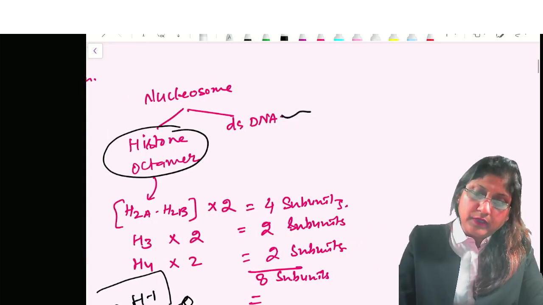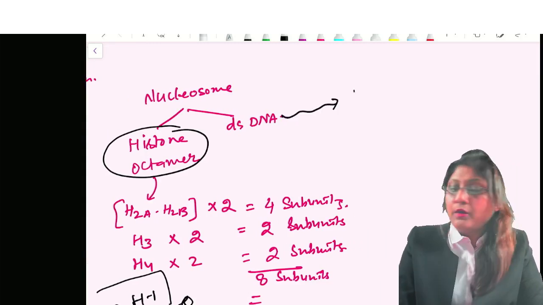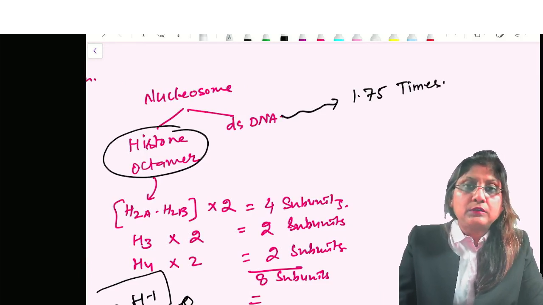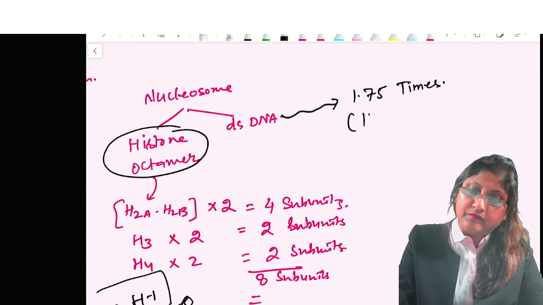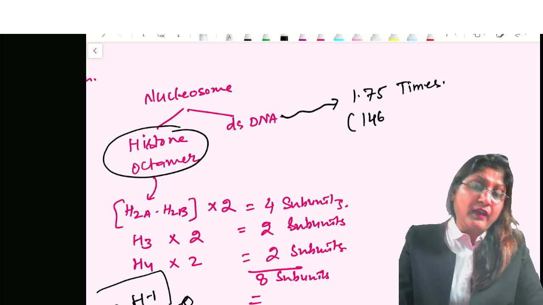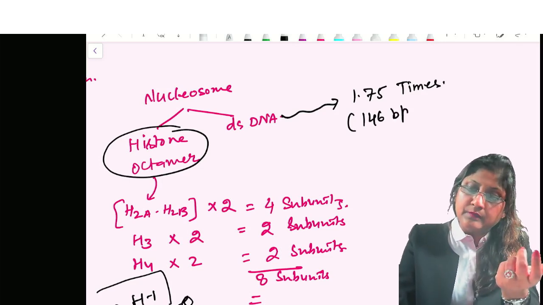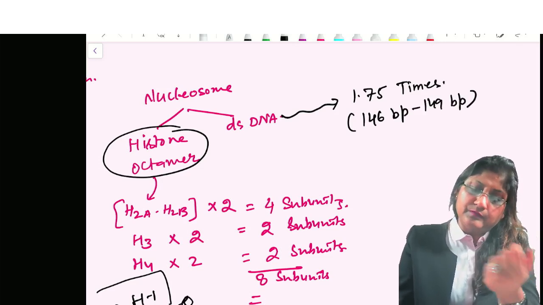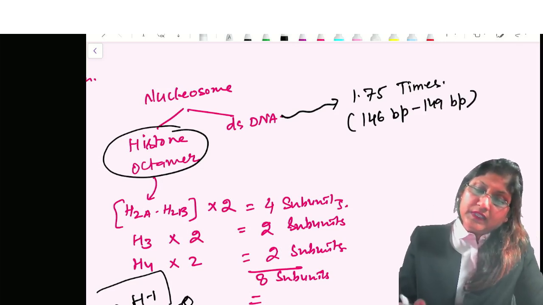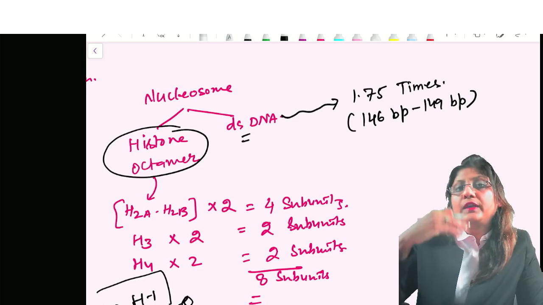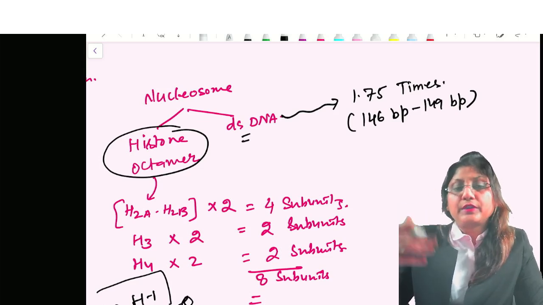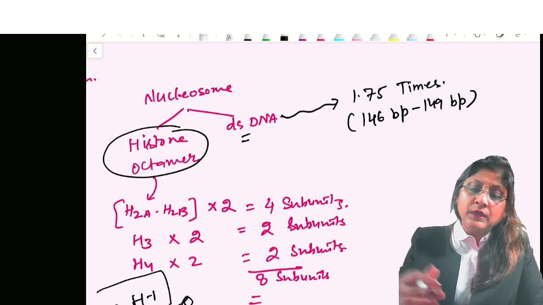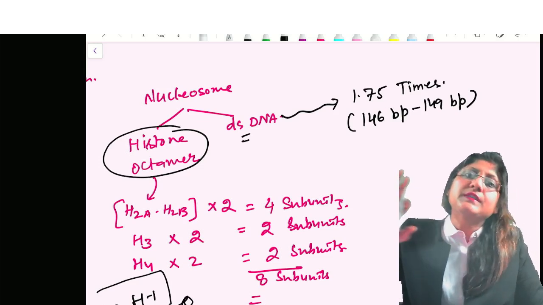So you must know that double-stranded DNA is wrapping 1.75 times around the histone, which is going to have 146 base pairs, at times 149 base pairs. Portion of double-stranded DNA only is going to wrap around the histone octamer. That is one complete turn and second incomplete turn. After that, the DNA proceeds ahead.